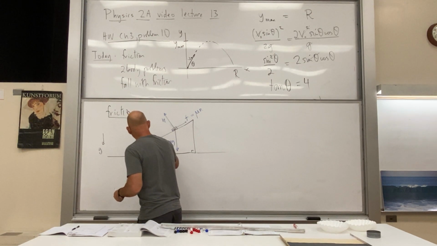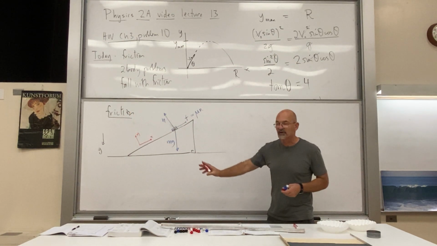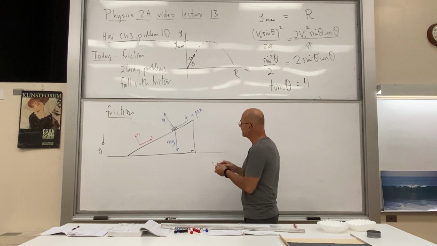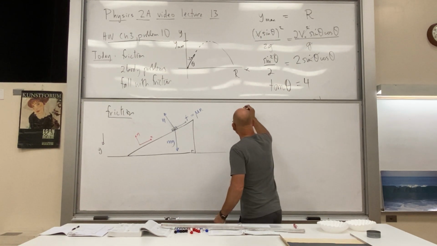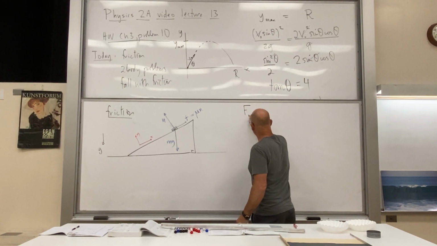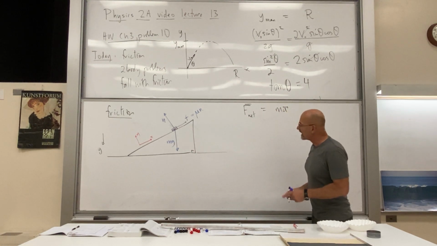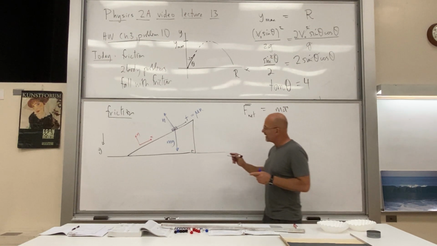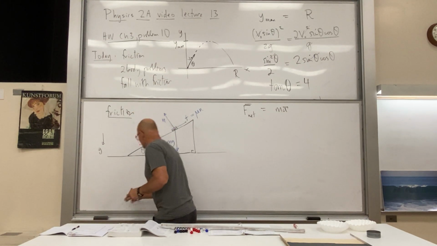We're going to use the same coordinate system we had last time. I'm going to put x and y parallel and perpendicular to the incline because it's convenient. Remember we have this habit, we're trying to get F net equals MA. But this time we're looking at the critical angle, or call this alpha.